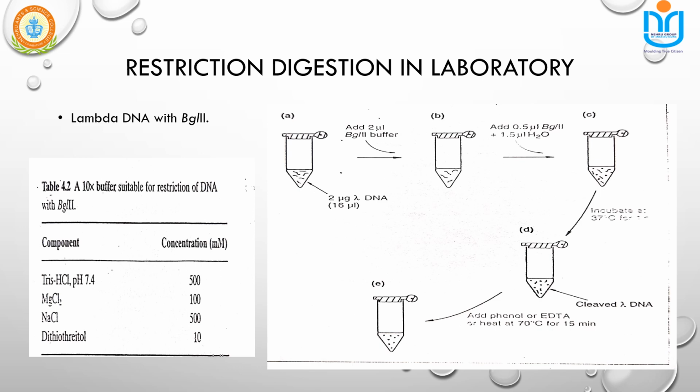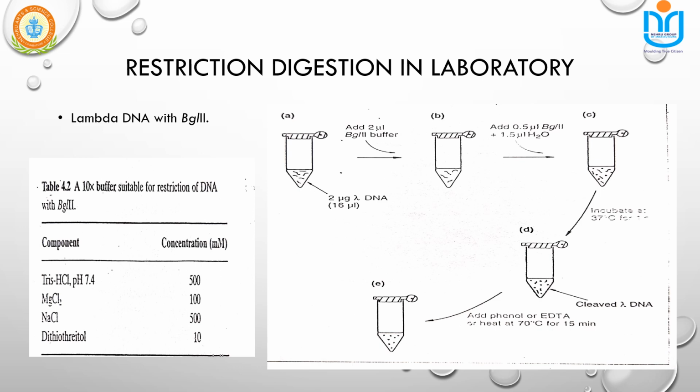Providing the right conditions for the enzyme is very important. Incorrect sodium chloride or magnesium ion concentration may not only decrease the activity of the restriction endonuclease but may also cause a change in the specificity of the enzyme, so that DNA cleavage occurs at additional non-standard recognition sequences.